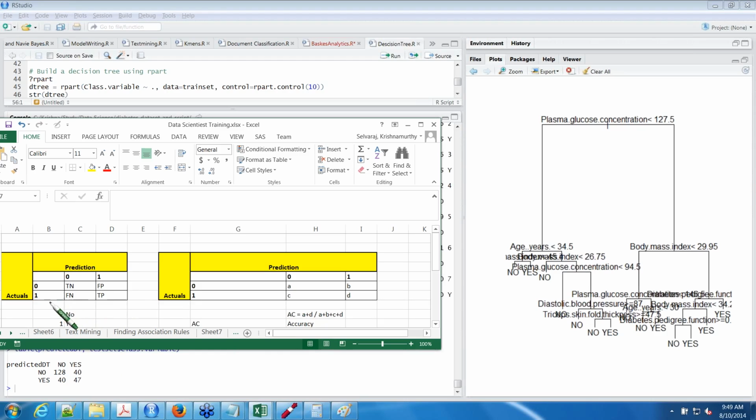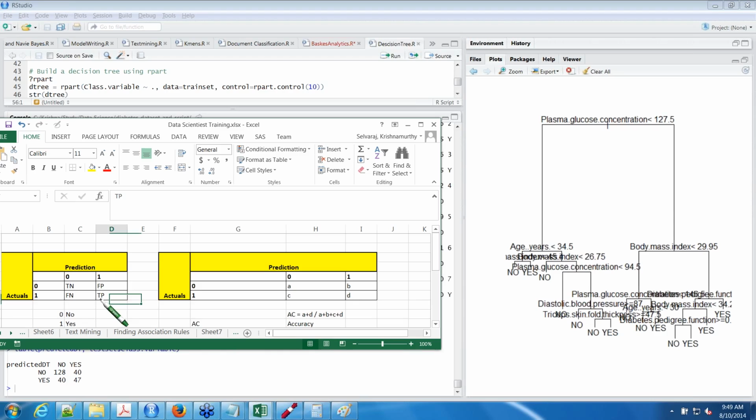You can term these as A, B, C, D as well. This is a simple form. And out of 87 records of yes, 40 were incorrectly predicted as no, which is false negative, and 47 were correctly predicted, which is true positive.